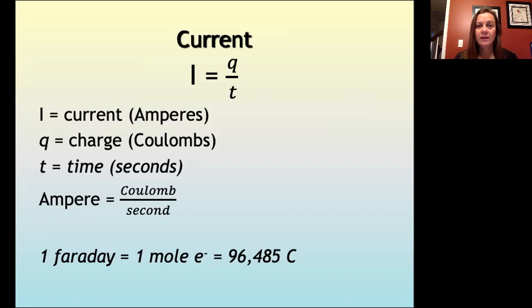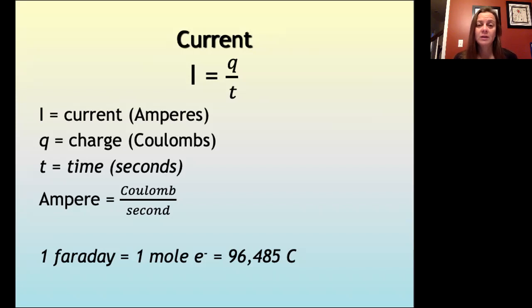And a Faraday is simply the charge on a mole of electrons. So it's 96,485 coulombs. And that's derived from the charge per electron times the number of electrons per mole. And that's how we get the 96,485. You'll also see 96,500 used here.